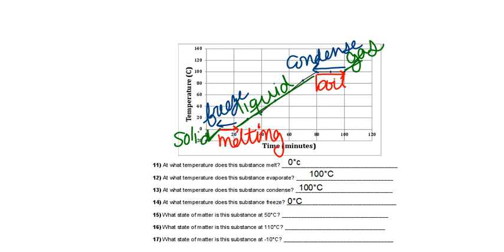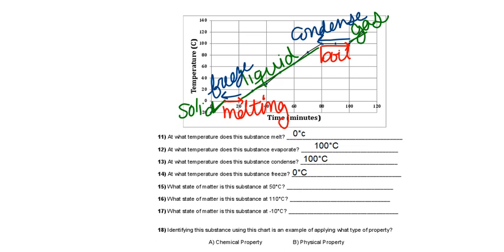The next question asks, what state of matter do you have at 50 degrees Celsius? So you would look at your graph, you find 50 degrees Celsius, which is right here, go over, meet your graph. What state do you have? We have a liquid.